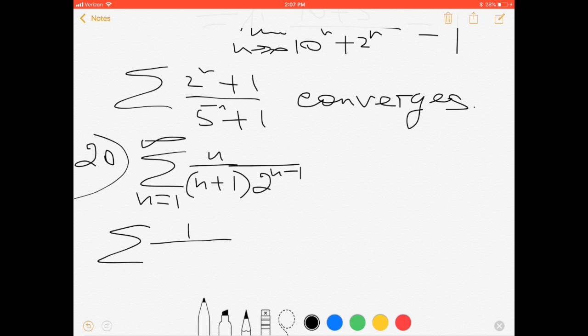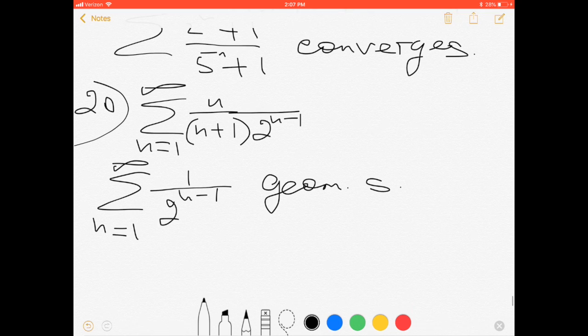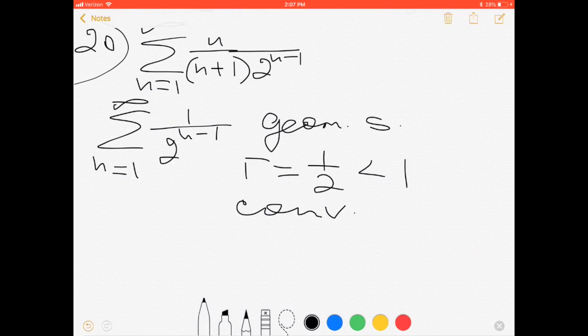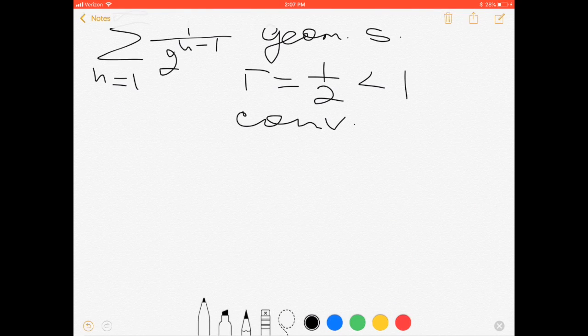It will be 1 over 2 power n minus 1. This is geometric series with r equal 1/2, positive number less than 1, this means converges. And now we are looking for limit.